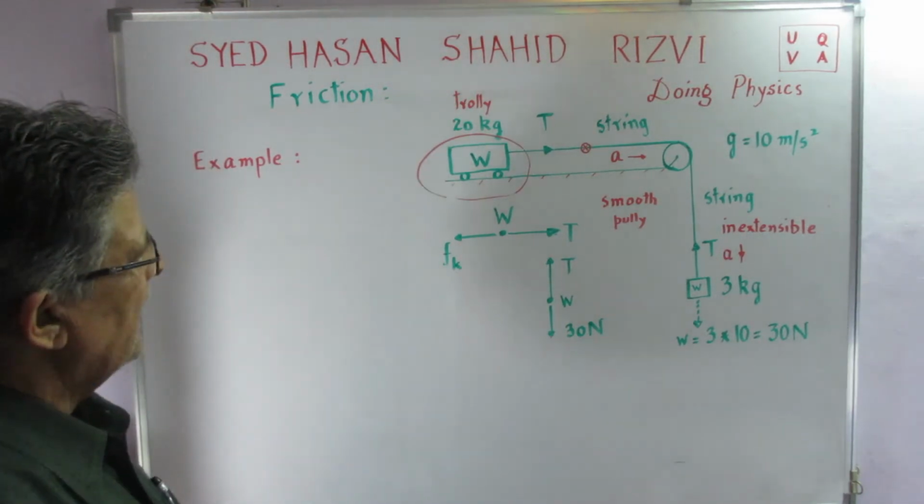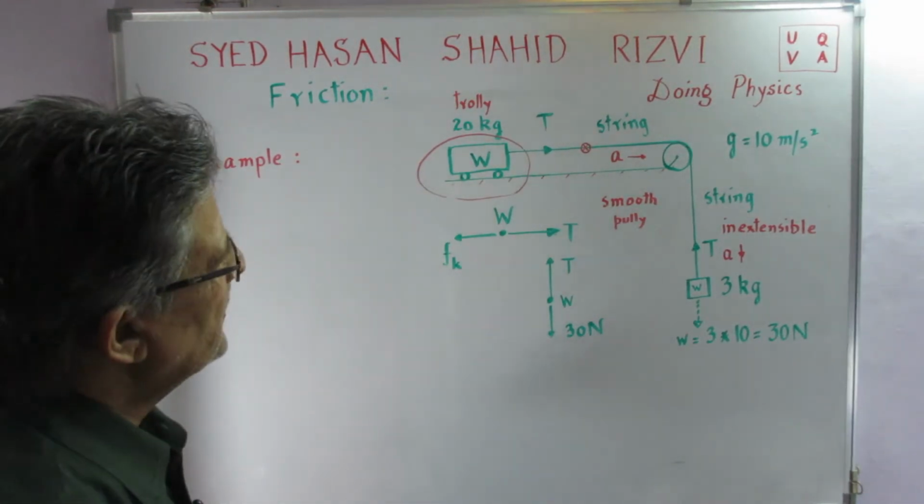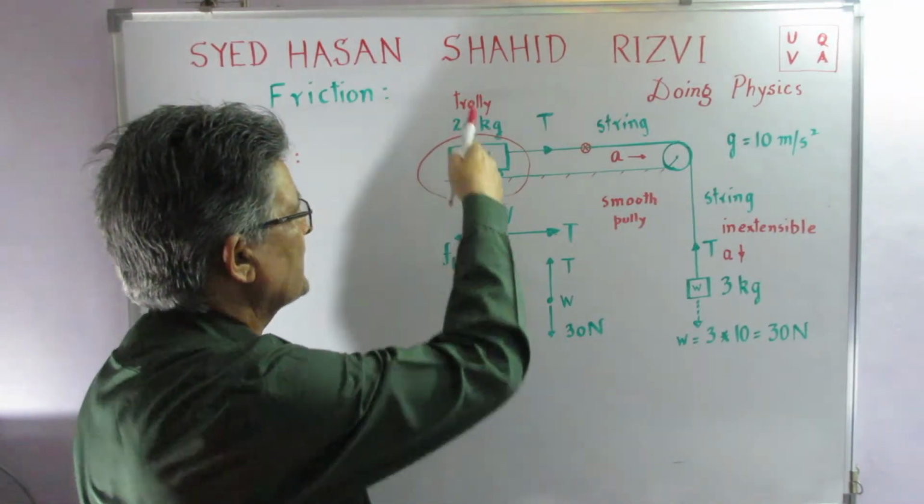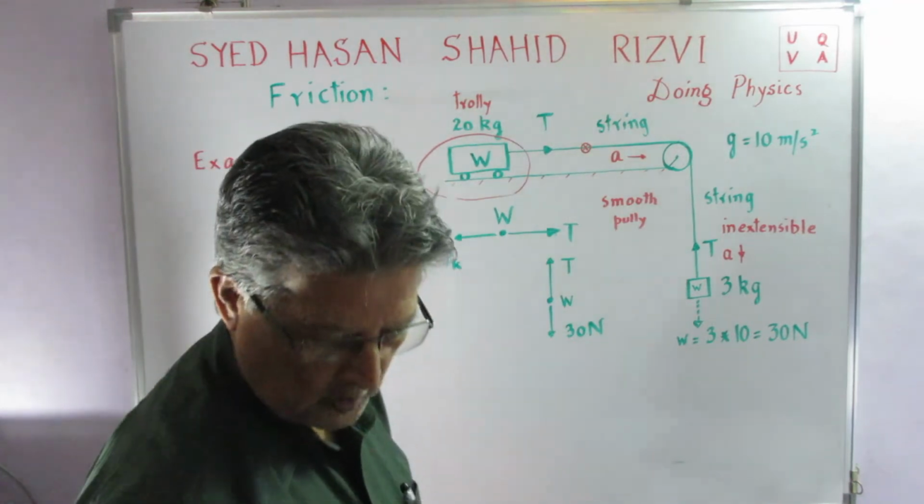So, the mass over here, the normal reaction is 200 kilograms over here.